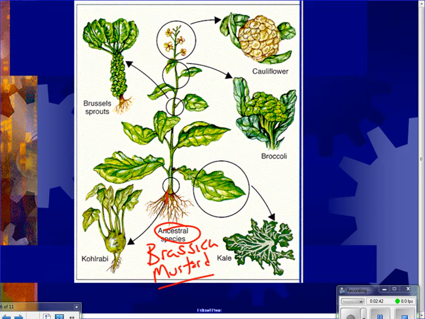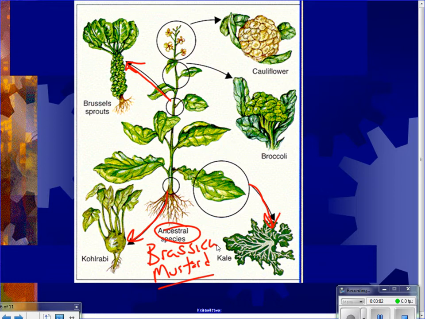So we can use the bottom of the plant to produce kohlrabi. We find the leaves have been altered to make kale, lettuce. A neat one, the lateral buds have actually been engineered through artificial selection to produce Brussels sprouts.